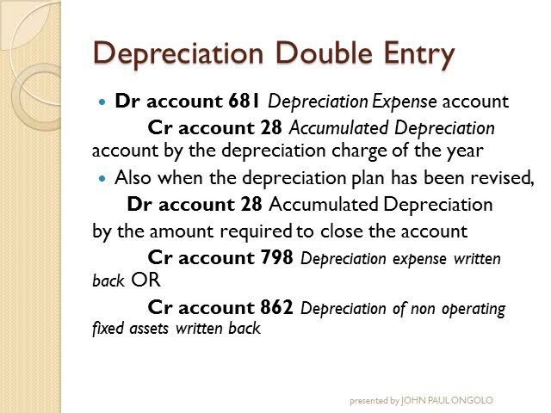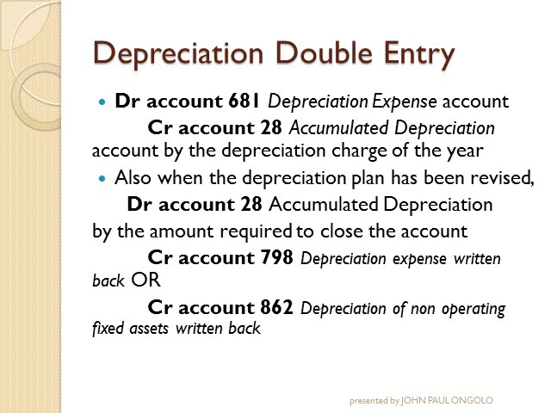So let us have a look at the depreciation double entry once again. First, for normal depreciation, we debit account 681, the income statement account, and credit account 28, the balance sheet account. The account 28 will show accumulated depreciation which has been charged on the fixed asset.